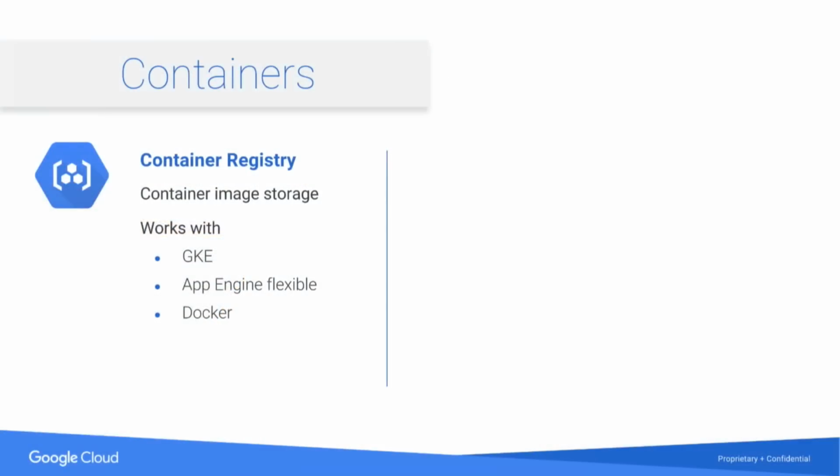There are a couple of tools available to help you with containers within GCP. The first one is the Container Registry, which is essentially a registry for your Docker images. It enables you to take your Docker image, upload it to the registry, where you can then deploy it in a production way into the Google Cloud Platform, or you can bring it down and work on it on your own workstations inside Docker.